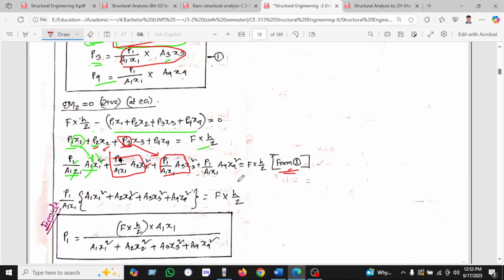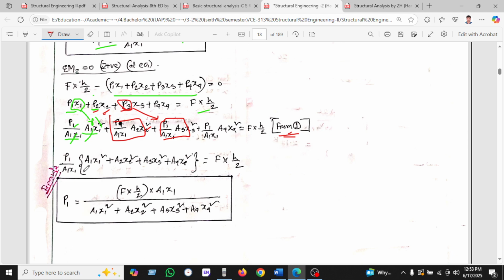In the same way, we are taking the below P2. We are putting all the values here and finding this, and we are taking it from equation 1. Okay, if we take P1 A1 and find this value, rearrange, we will find this value.